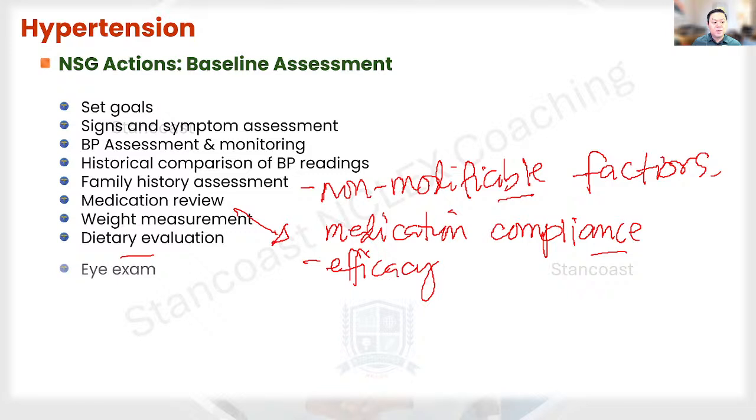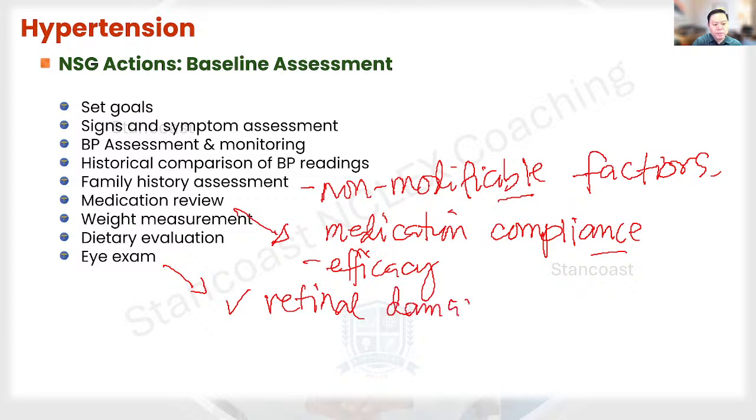Now, another thing that we need to assess here is the eye status, the vision status of our patient. So we're going to have to check for any signs of retinal damage. Let me write that down. Check retinal damage. And I already mentioned this a little bit earlier about that fundoscopic exam to see for these chronic changes inside the eyes, okay?